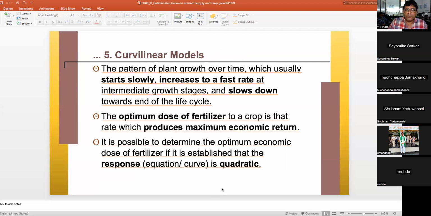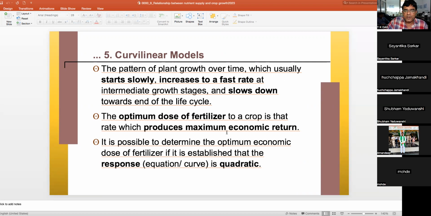The pattern of plant growth over time usually starts slowly, increases to a fast rate at intermediate growth stages, and slows down towards the end of life. The optimum dose of fertilizer to a crop is that rate which produces maximum economic return. If I ask you what the optimum dose of fertilizer is, it is the dose where you get maximum benefit or maximum economic return.